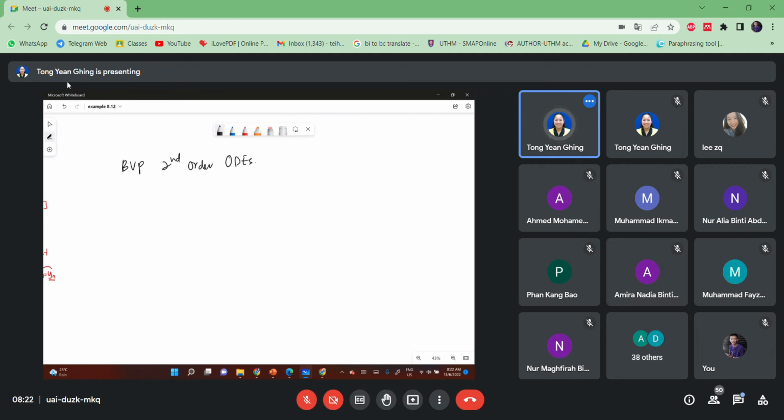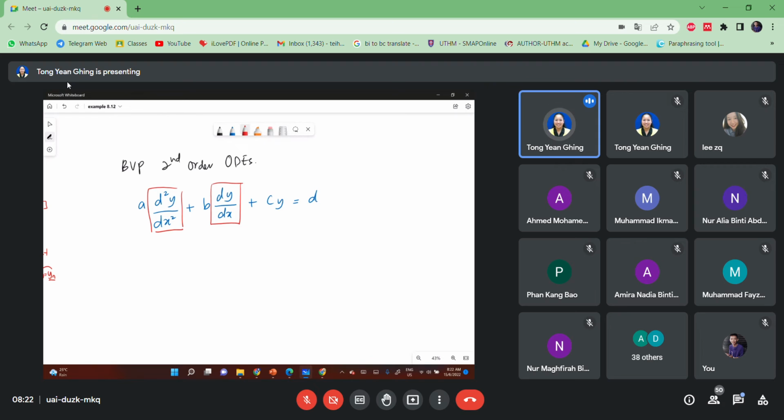Let's say we have an equation like this, where we have up to the second derivative, and for sure we also have the first derivative as well.